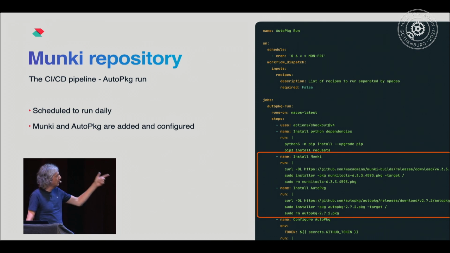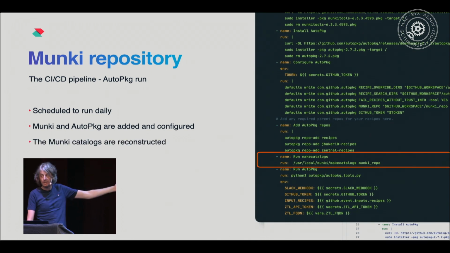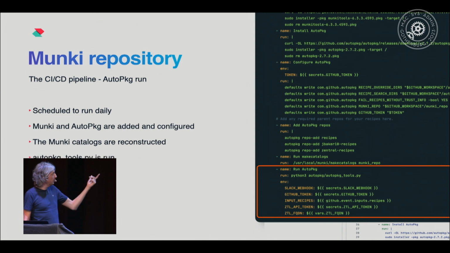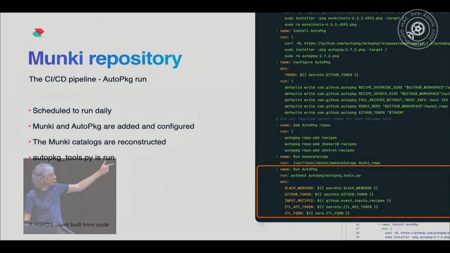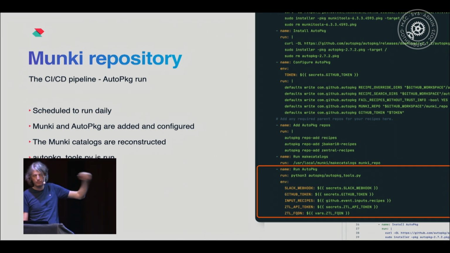So we install Munki, we install AutoPkg, we configure AutoPkg, and we run make catalogs because we want to start with fresh catalogs. We don't want to commit the catalogs into the Git repo, we don't need that. And then we run the script, in a typical GitHub workflow where we pass the different secrets as environment variables. The secrets are obviously not stored in the code, they are stored in the workflow configuration.